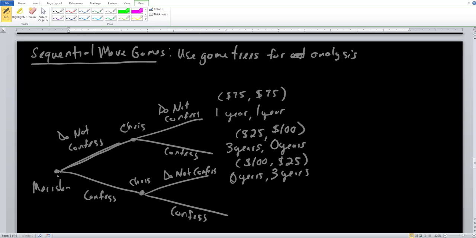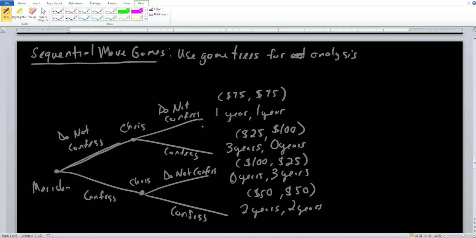And then finally, if both of them decide to confess, then both of them get 2 years in prison, and $50 each. Remember, we want the lower number of years in prison, or if we use the dollar amounts, we want the higher amount of dollars. We want the most money. But as we can see right here, this exactly matches the payoffs and outcomes that we had under the simultaneous move game.